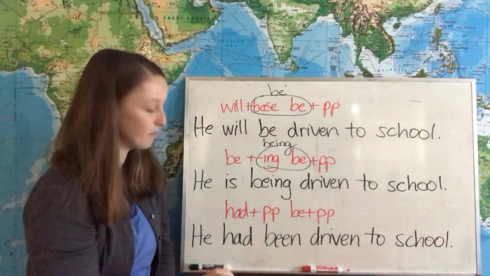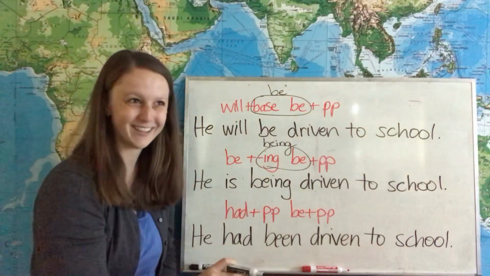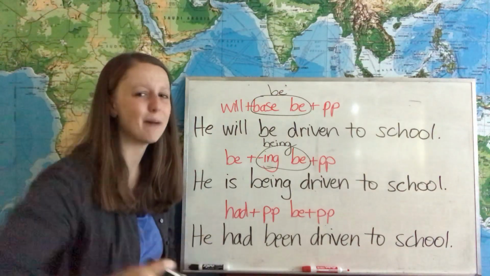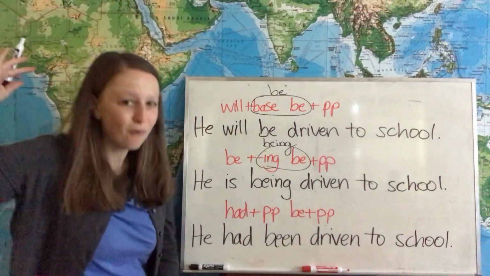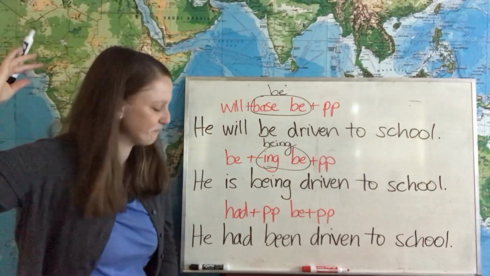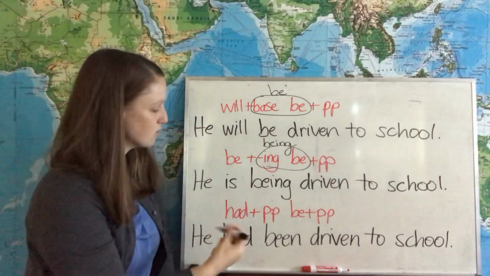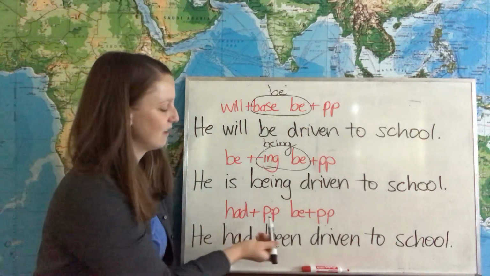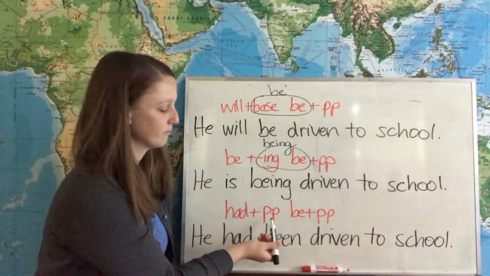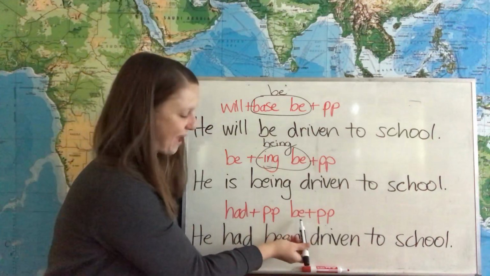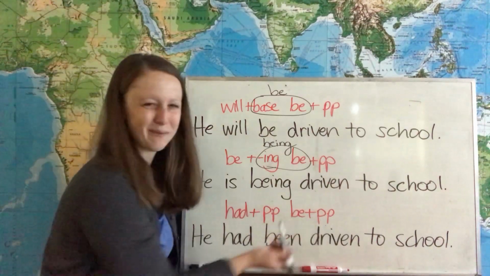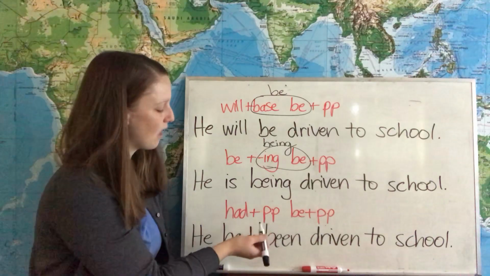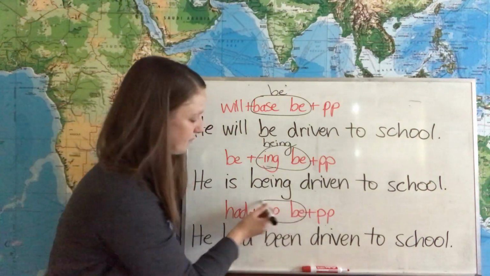Our last example is for past perfect. Those are actions that happened in the past before another past action. We make those verbs with had, the helping verb had, and the past participle. And of course, we make passive with be verb and past participle. So again, we put these parts together.